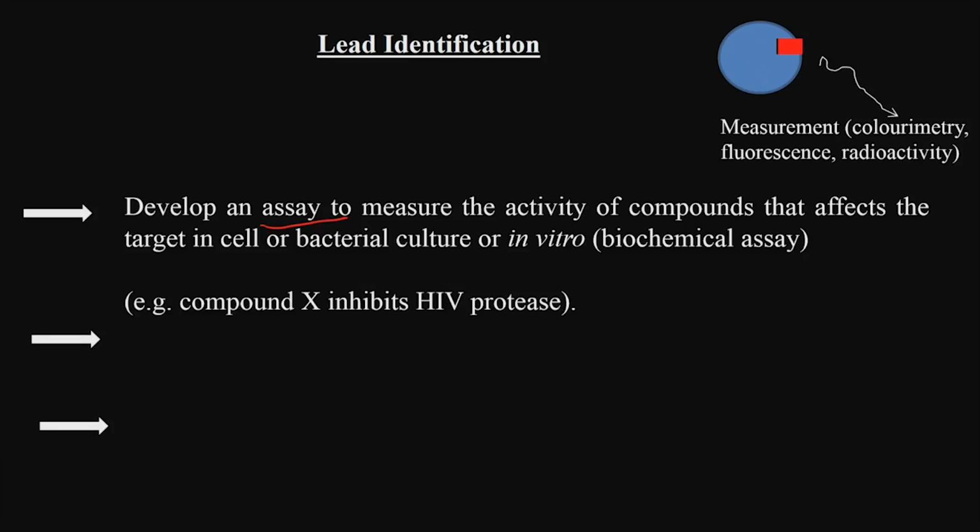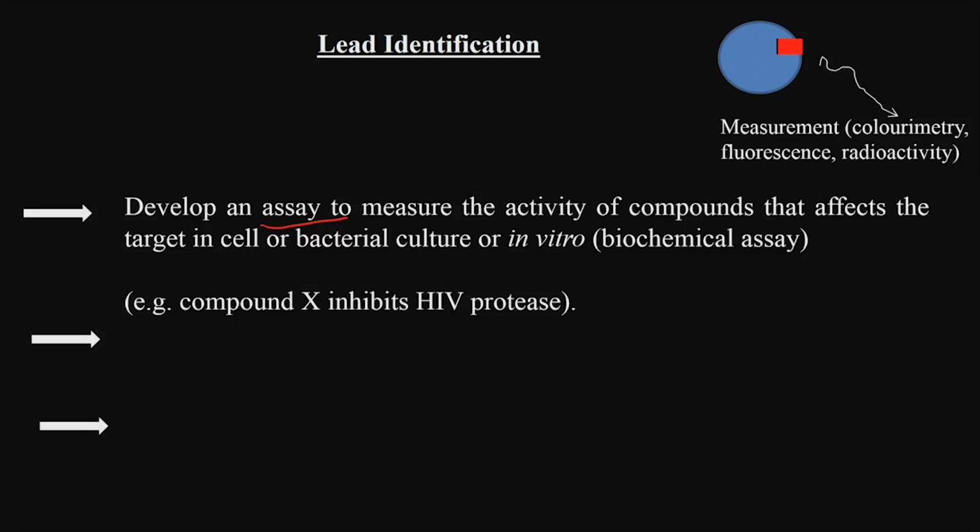I need to develop that assay if I want to do experiments on testing out different molecules for the inhibition of a particular target. For example, I can say this particular compound inhibits this protein. Okay, I can say aspirin goes and inhibits the cyclooxygenase 2 enzyme, and affects the inflammatory pathway like that.